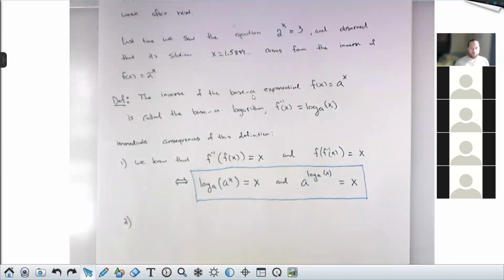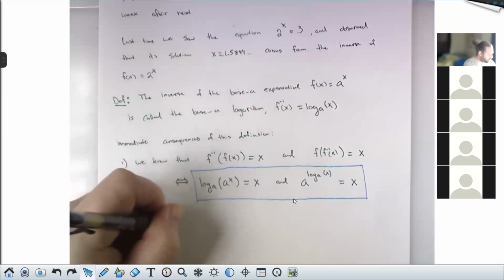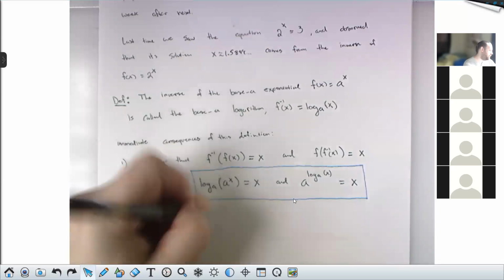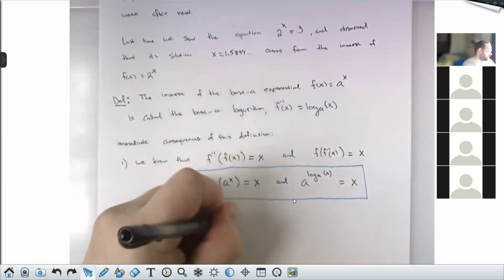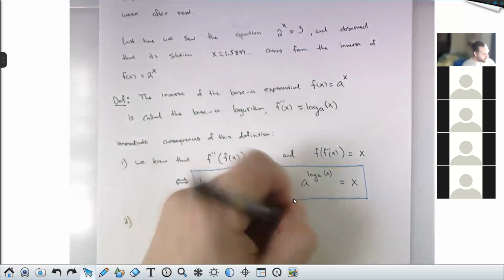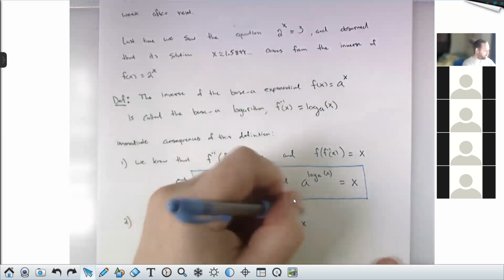But early on, when you're just trying to figure out what is the base 4 log of 25 or something, when you're just trying to find the outputs from a logarithm, when you're just first starting to get to know the function, we can say that the logarithm is characterized by this relationship, that the base a log of x is equal to y, means that a to the y is equal to x. And if you think about it, these really do say the same thing.